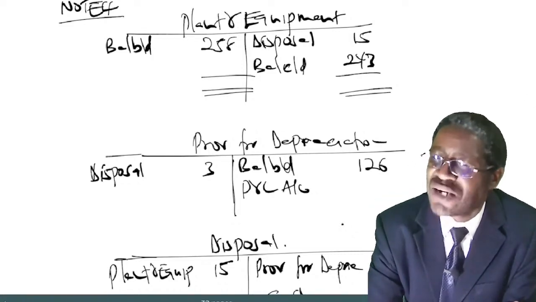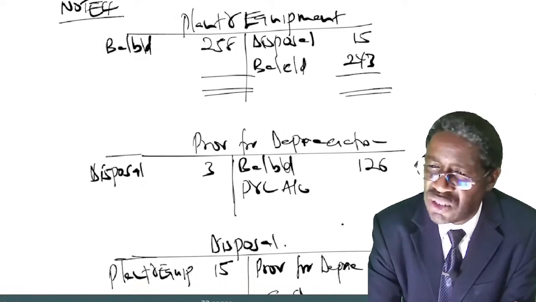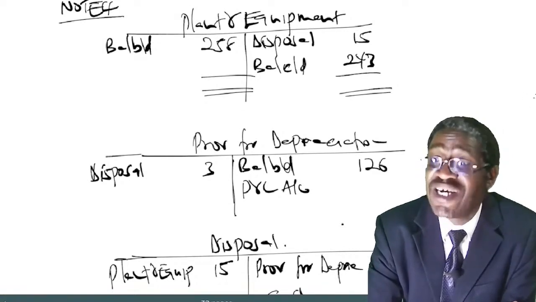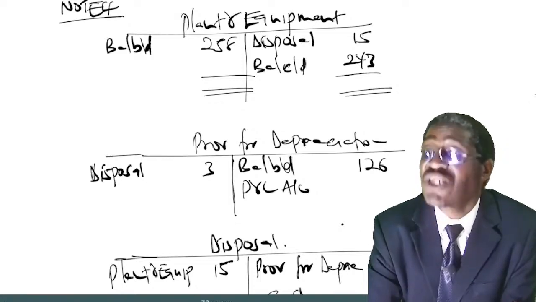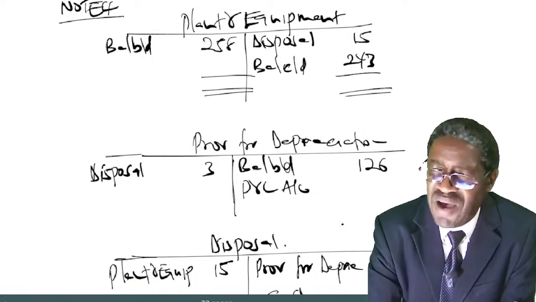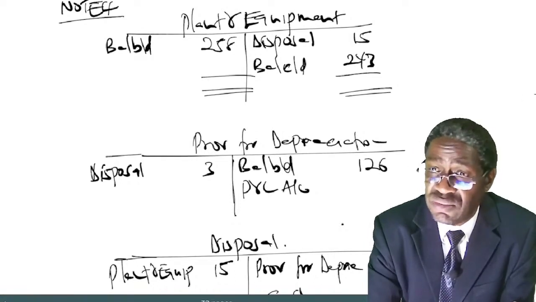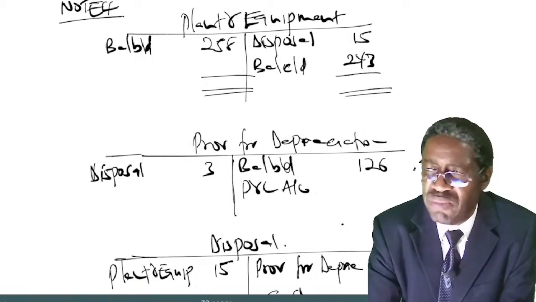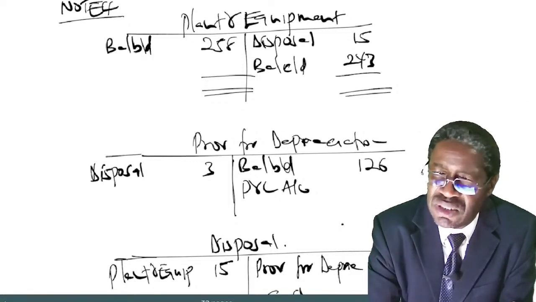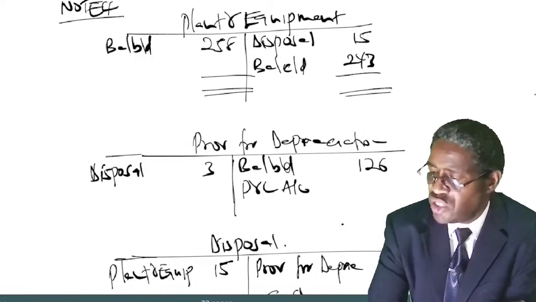You have to go back to the question and find out what they are telling us to be the rate of depreciation and what is the policy. If you remember, we read note number 5 and it told us plant and equipment are depreciated at 20% per annum on reducing balance.